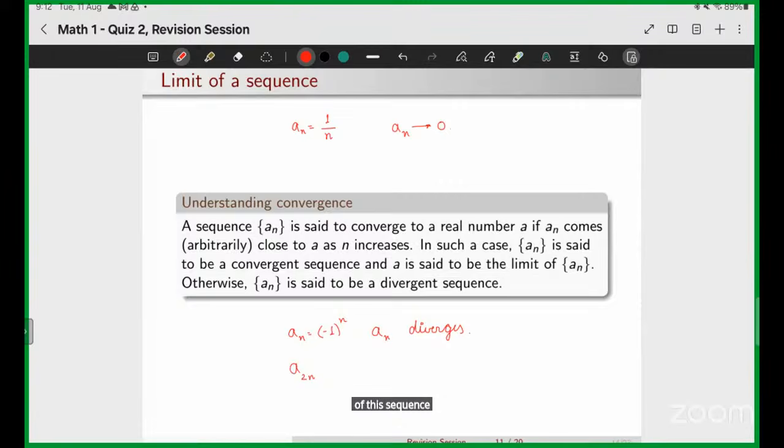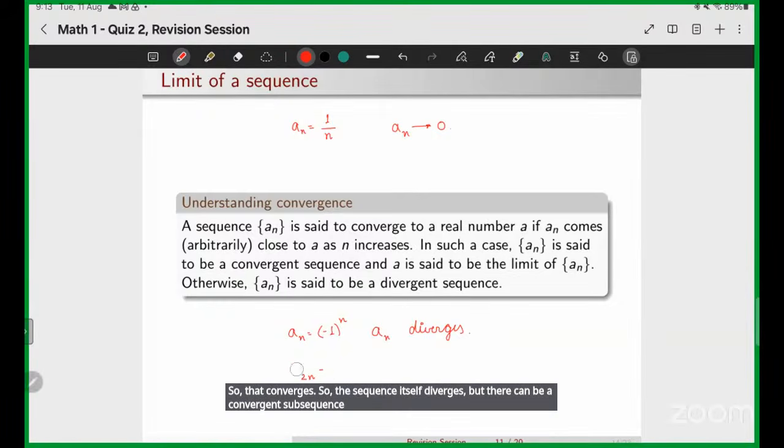That's a subsequence of this sequence. What happens then? It will be 1, 1, 1. It will just be 1. It will be a constant sequence, right? So that converges. So the sequence itself diverges, but there can be a convergent subsequence.